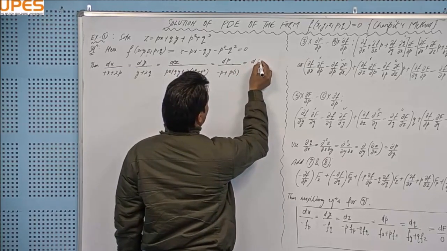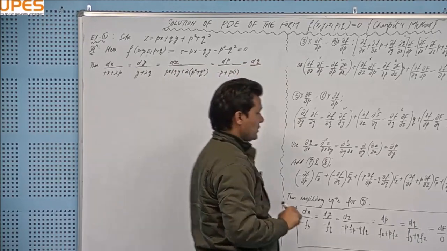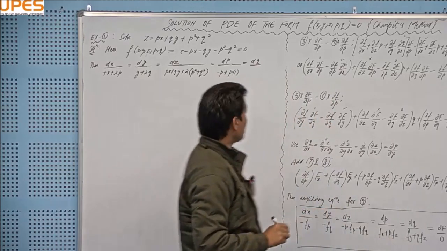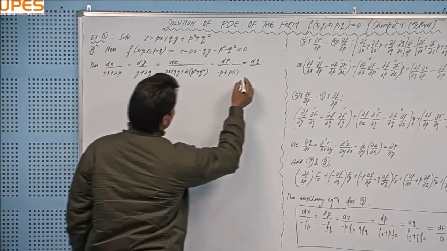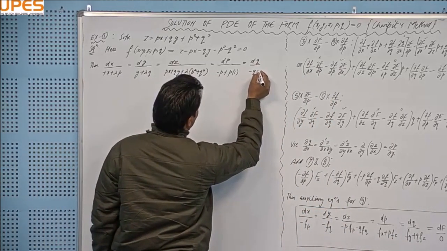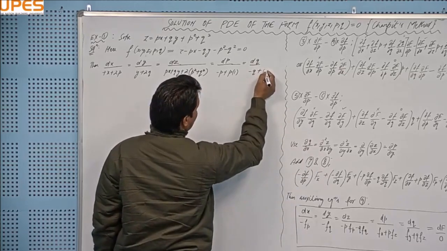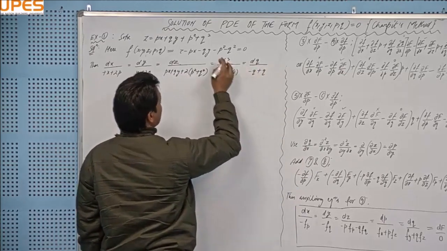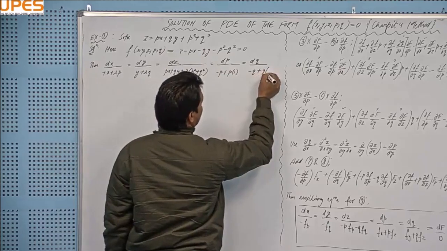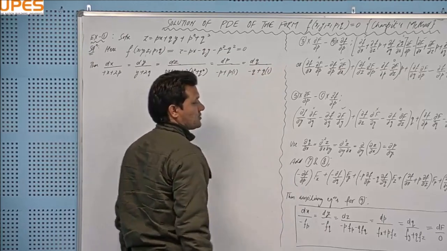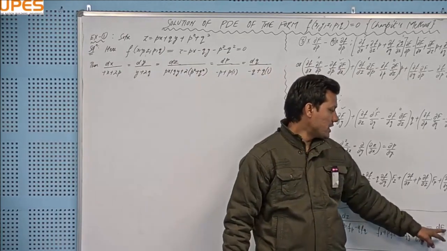Similarly, dq upon del f over del y will be minus q and plus q times del f over del z, which is 1.